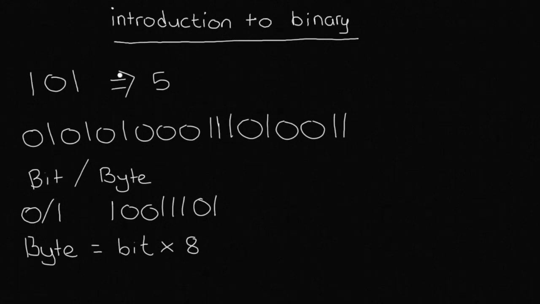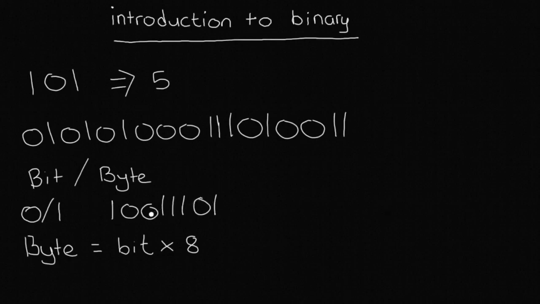So you can see, for example, the number 5 here contains 3 bits. So we'd never be able to represent 5 using just 1 bit. So we can use bytes because we have more flexibility. We have 8 different slots to use either 1 or 0 in.